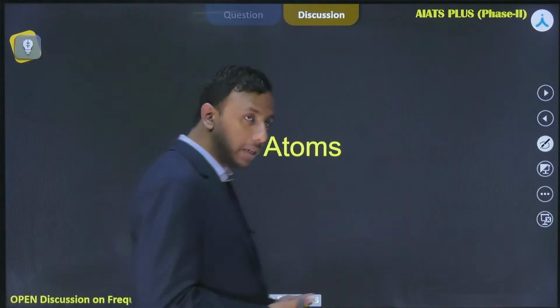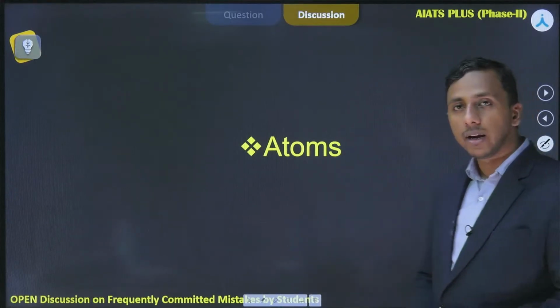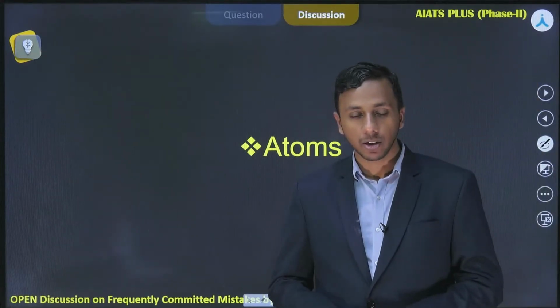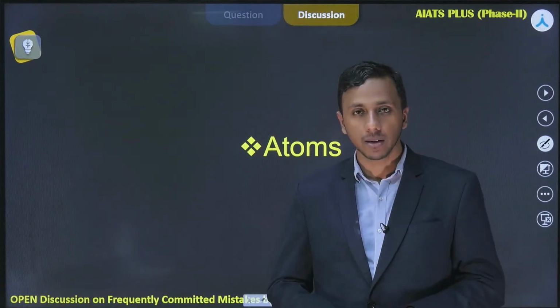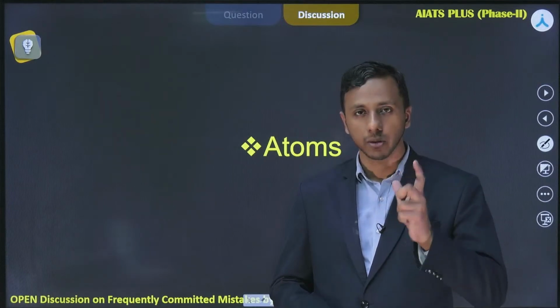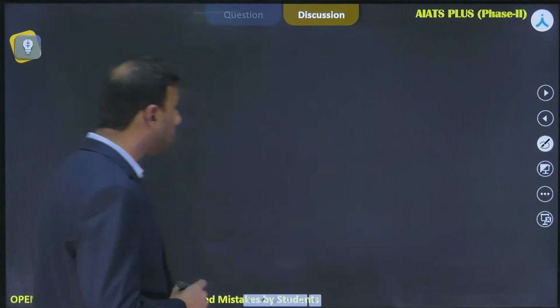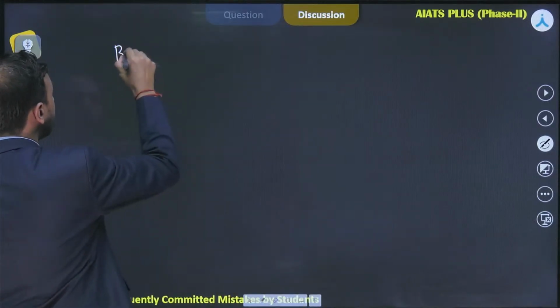Moving on, the last chapter and the last topic of the day, atoms. If you remember, we talked about Bohr's second postulate last time. So today we are going to discuss a little bit about Bohr's third postulate.